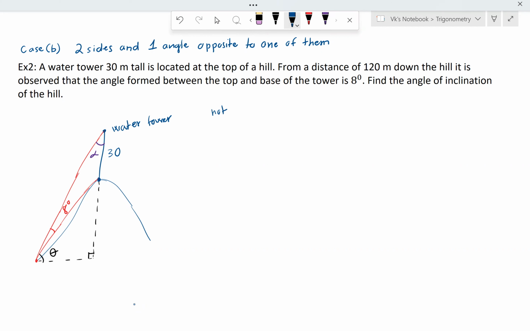So notice that alpha plus 8 degrees plus theta has to be 90 degrees. So the angle theta is 90 minus alpha plus 8 degrees. And this angle theta here is the angle of inclination of the hill.